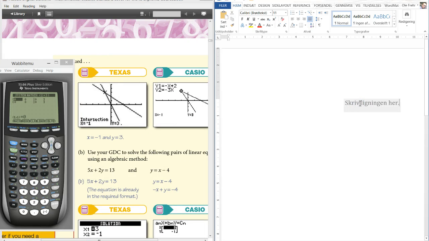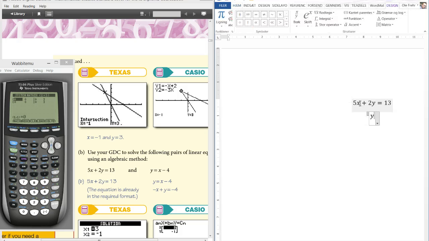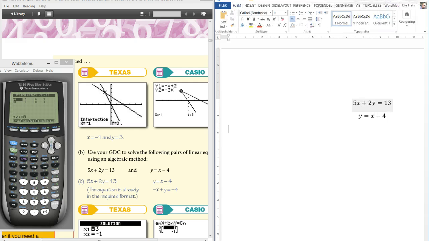Just write them over here. 5x plus 2y equals 13. That was a plus. And below here we have y equals x, subtract 4. So these are my two equations.